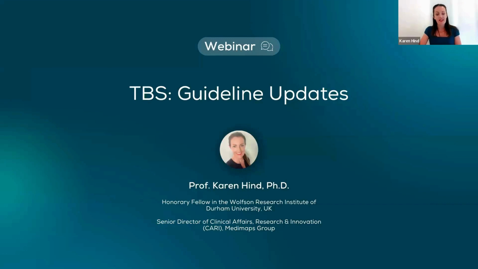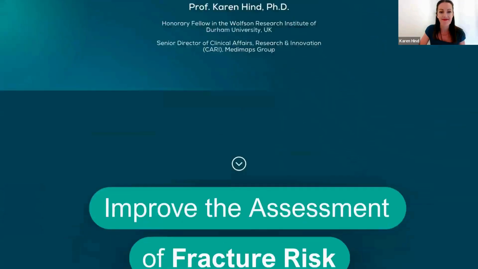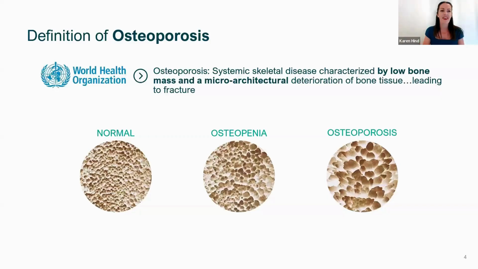So I'll be starting the session with an overview of Trabecular Bone Score, TBS, and also providing an update on the latest IOF guidelines. Okay, so let's go right back to the definition of osteoporosis, and going back many decades, in fact, to the World Health Organization definition, which is defining osteoporosis as a systemic skeletal disease which is characterized by low bone mass and a microarchitectural deterioration of bone tissue, which then increases the susceptibility of bone to fracture.